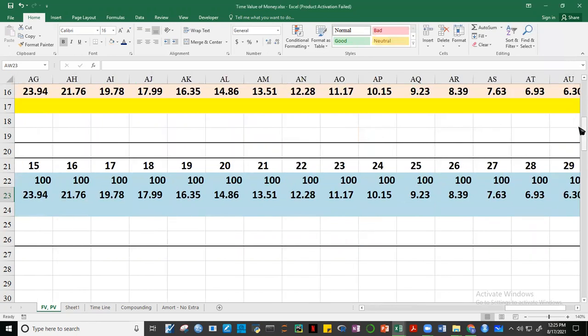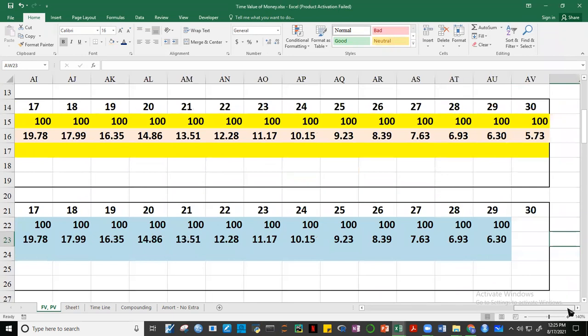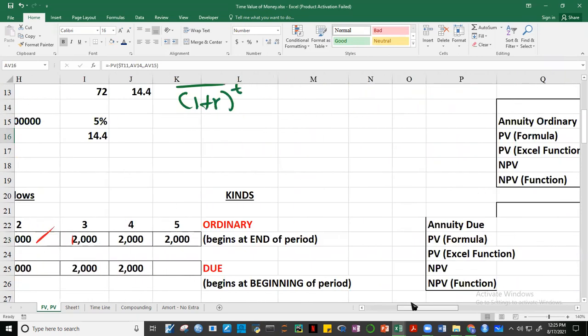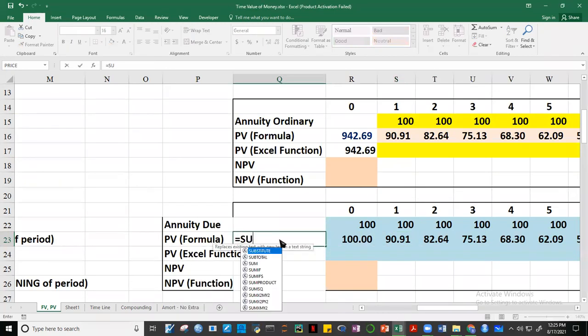So notice guys, pare-pareho lang sila ng present values, no? Ang pagkakaiba lang, si annuity due wala siyang 5.73. Pero meron siyang 100 sa simula. Si annuity ordinary, may 90.91 din siya, pero wala siyang 100. So yung difference ng dalawang yun ang difference ng annuity due at saka annuity ordinary.